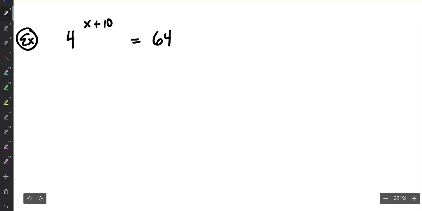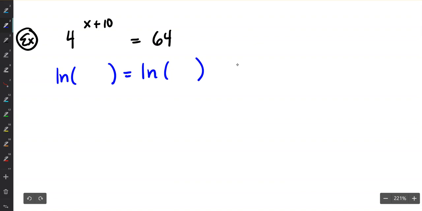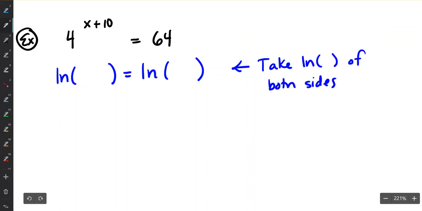I'm going to go ahead and take the ln of both sides, just so we don't feel afraid of those sets of symbols. I want to use them. Take the ln of both sides, or if you prefer, the log of both sides.